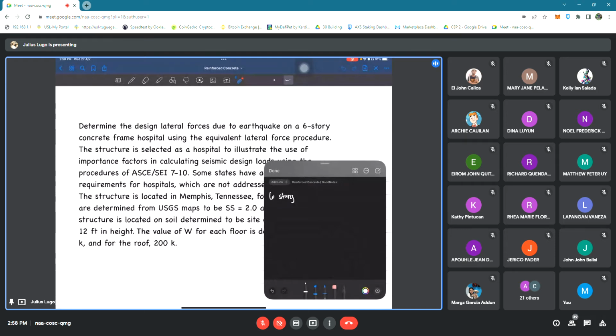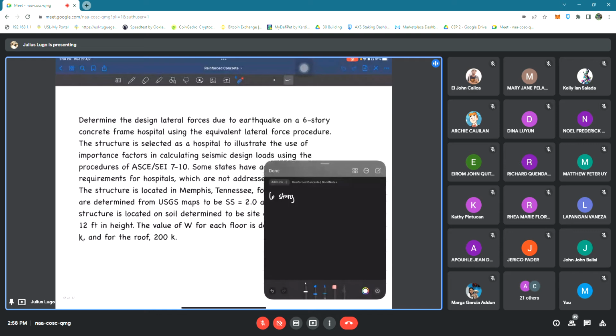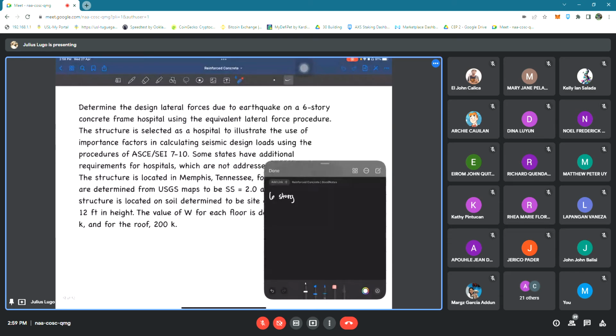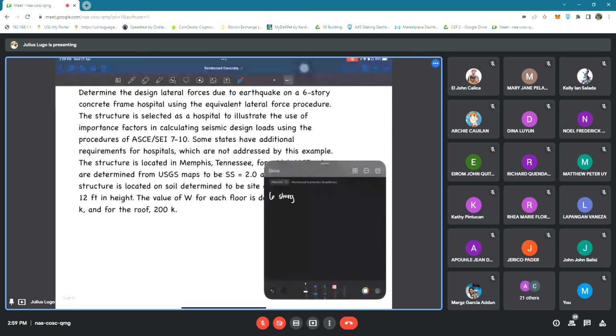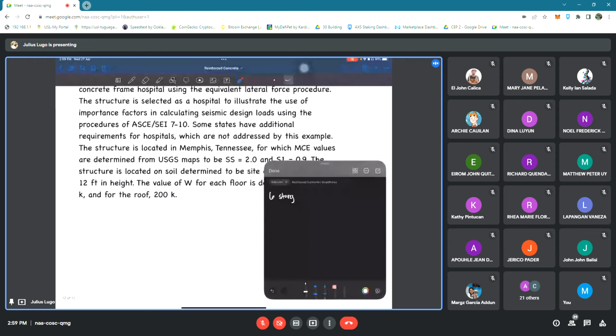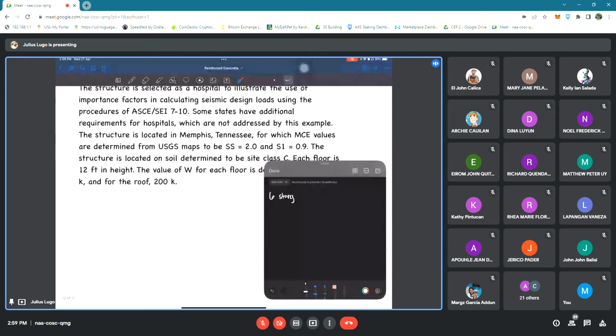And then it's a hospital, no? It's a hospital. So another given, what else is there? We have the location is in Memphis, Tennessee, and then our MCE values, we have SS equal to 2.0, and then S1 is equal to 0.9.